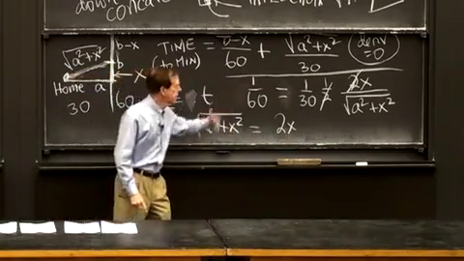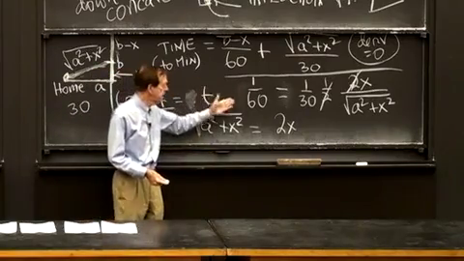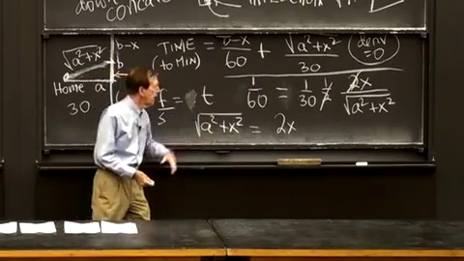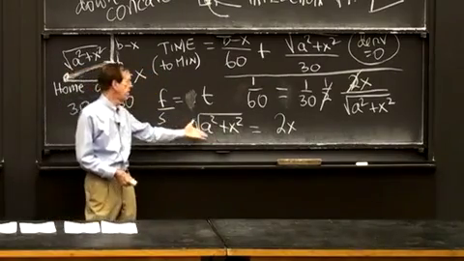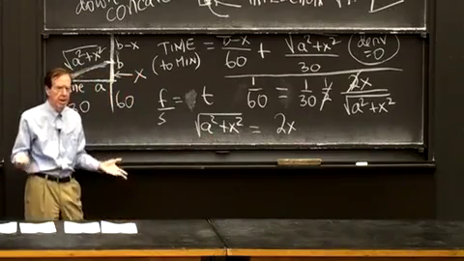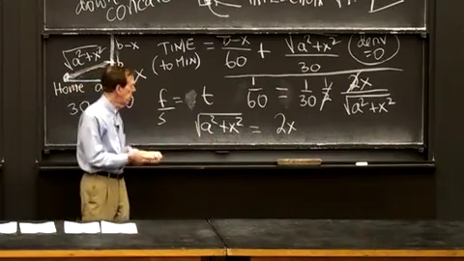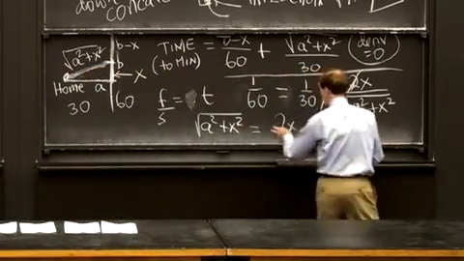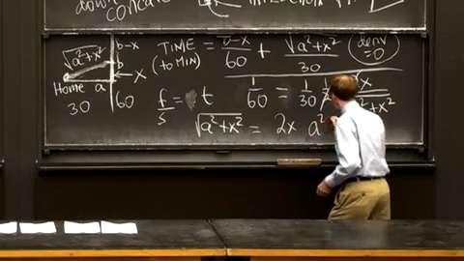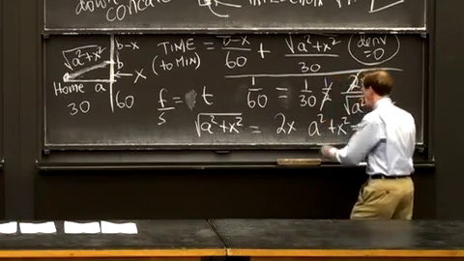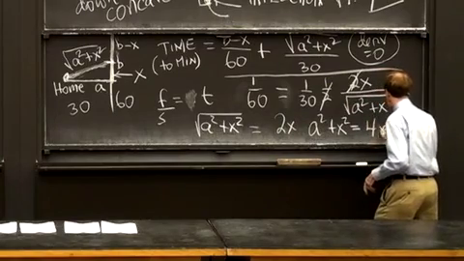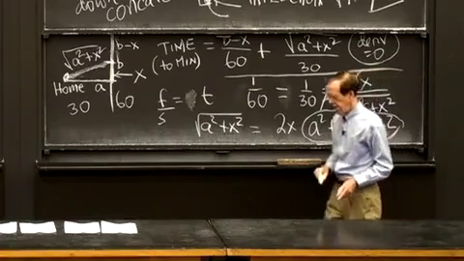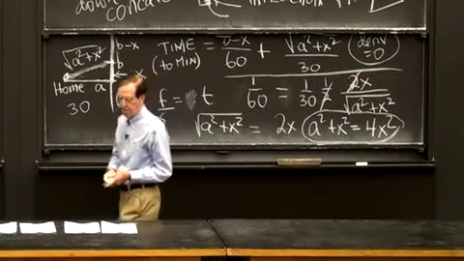That's the same equation as this one, just simplified. Multiply through by 60, multiply through by square root of a squared plus x squared, and it's looking good. All right, how am I going to solve that? Well, the only mess up is the square root. Get rid of that by squaring both sides. So now I square both sides and I get a squared plus x squared, and the square of 2x is 4x squared. All right, now I have an equation that's way better.